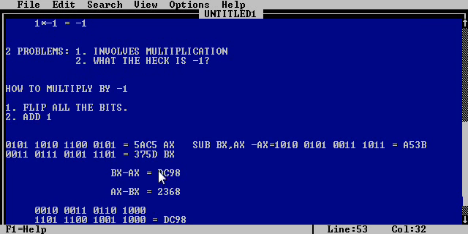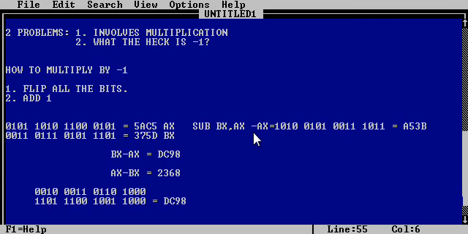So this is, in fact, the negative of that. So you can see all this stuff works. And now we've taught a dumb computer how to do a subtraction.